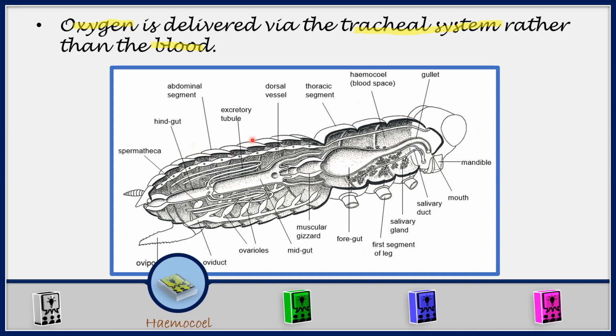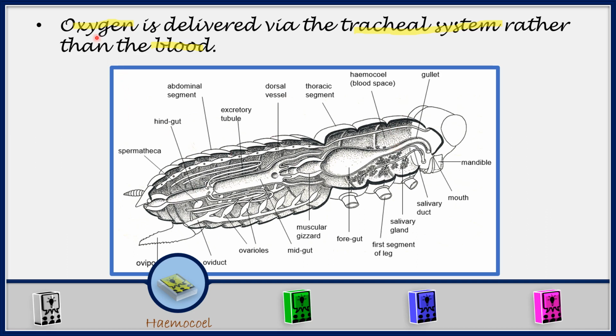The spiracles join to the trachea, which divides into small thin smooth tubules which we call the tracheoles, and those tracheoles distribute oxygen to the different organs inside the body.